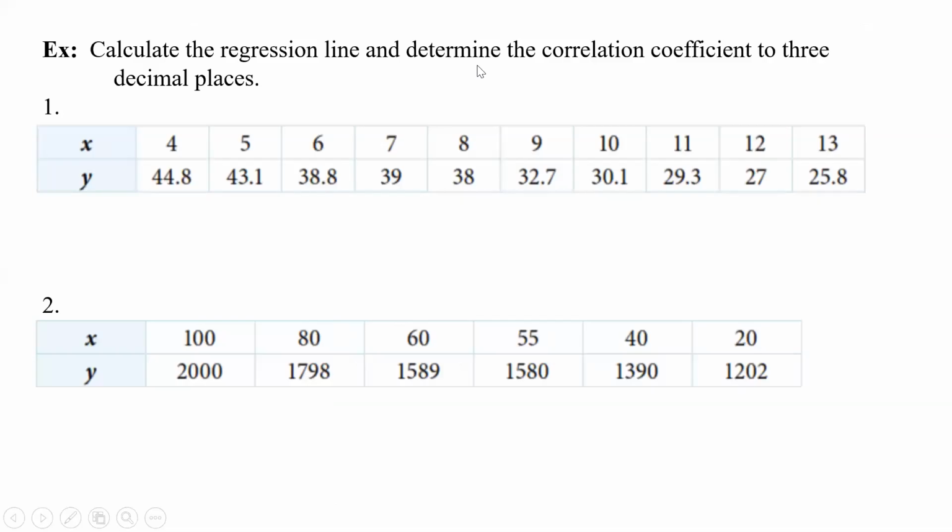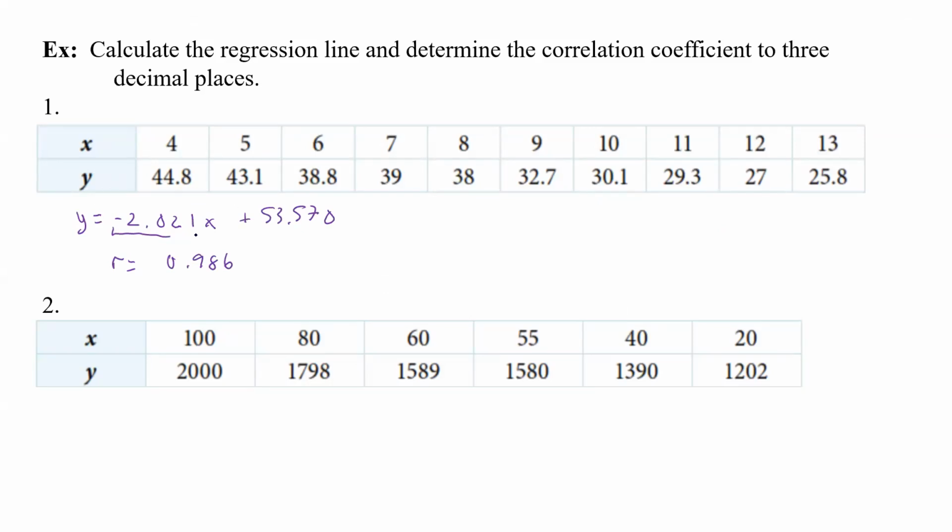We found our equation of the line was y equals negative 2.021 times x, and then plus 53.570, if we're doing 3 decimal places. And our R value was going to be equal to 0.986. Okay. And so, we've got this whole set of data. It looks good. And so we've got our equation of our line.